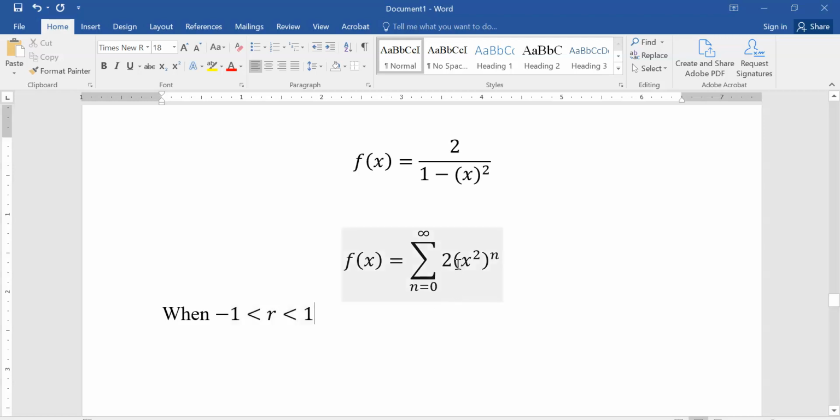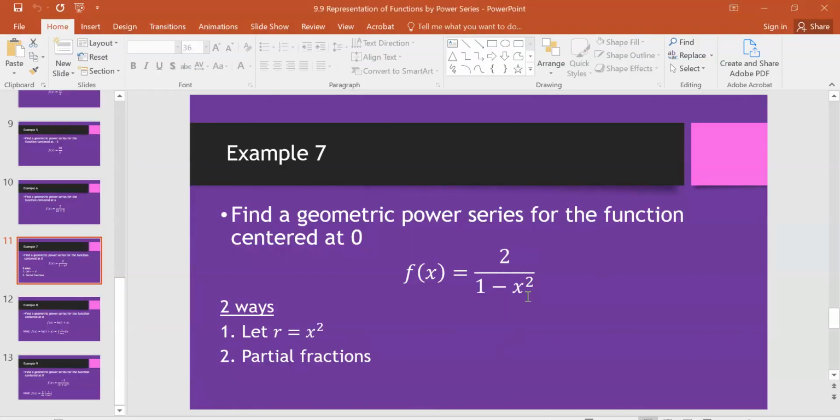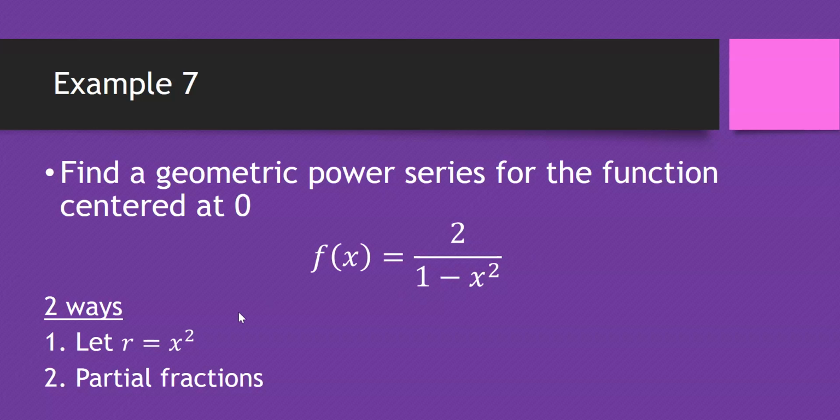All right. By the way, you can rewrite this as 2 times x to the 2n if you'd like, because of the power to power rule, right? You just multiply 2 times n. So there's, again, a number of ways to write this, but there you go. Now, if we didn't want to center this at 0, if we wanted to center this at, let's say, 7, well, then we'd have to use partial fractions in this. We'd have to factor the denominator.